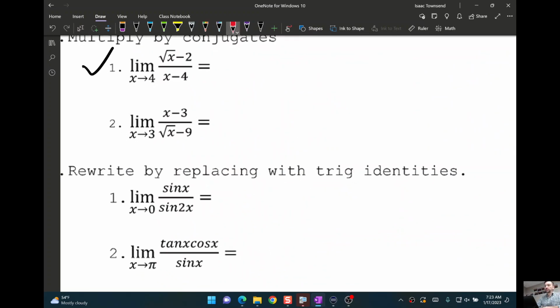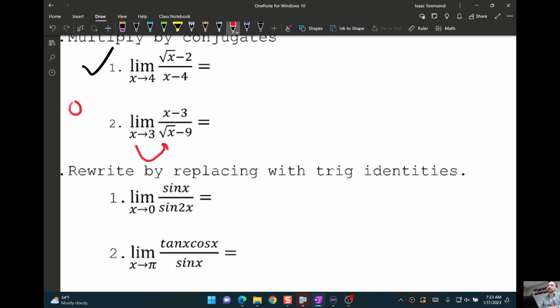Okay, so question number 2 down here. Again, I always hope that direct substitution gives me a real number, because if it does, then I get to finish. So if I plug in 3 up here, I get 0. If I plug in 3 down here, what did I mean to do there?